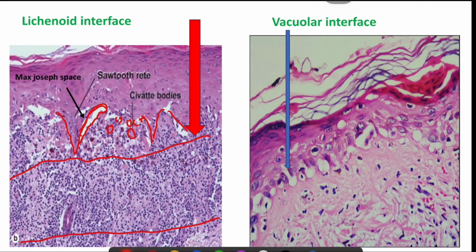Now vacuolar interface. In vacuolar interface, at the junction, most or all of the basal cells show vacuolar degeneration. So this is called vacuolar interface. Basically both these patterns are called lichenoid reaction pattern.